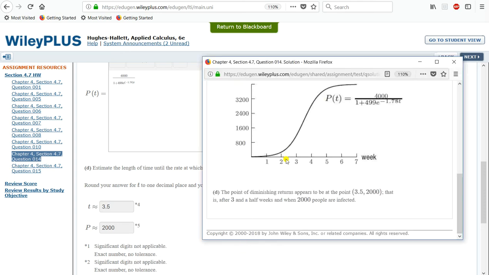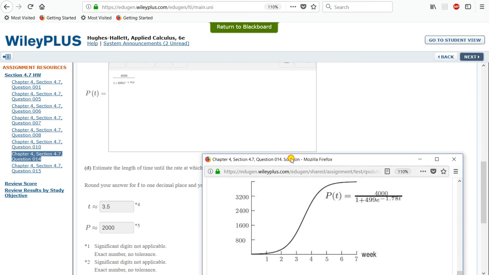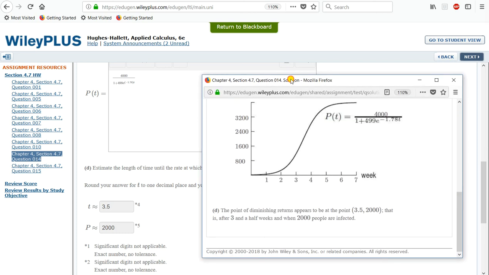We can do this by finding the value. The total is 4,000, so the inflection point happens when this is halfway, or 2,000. So 2,000 is around here, and that happens when T is around 3.5, right? This is halfway, 3.5 for 2,000. So you can use the graph to estimate that.